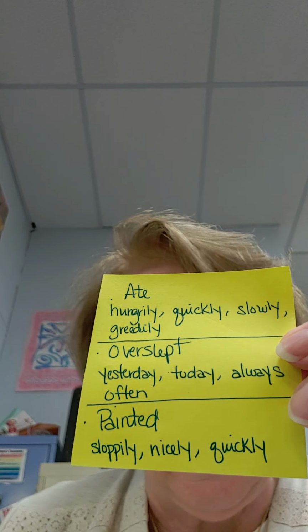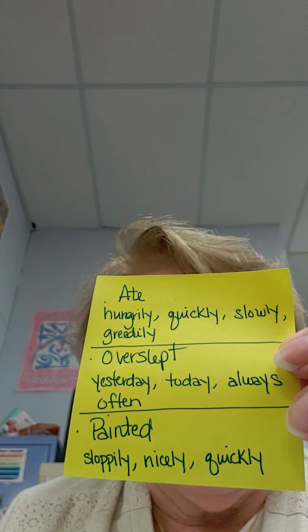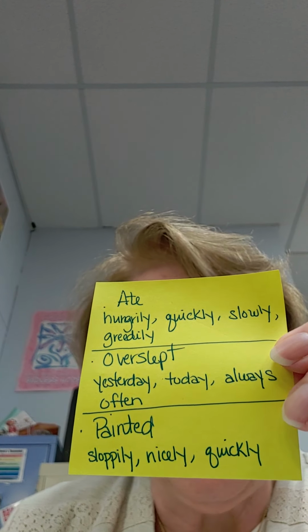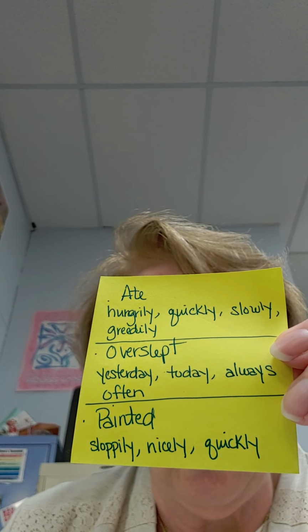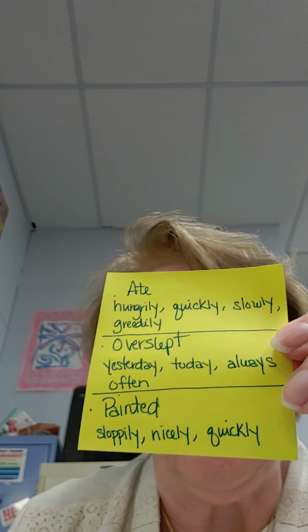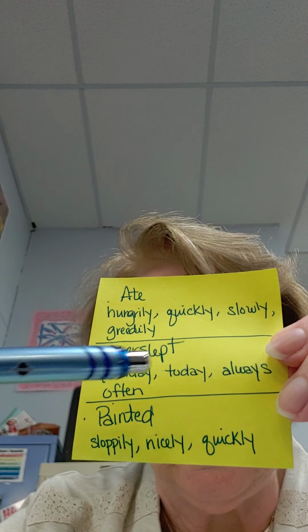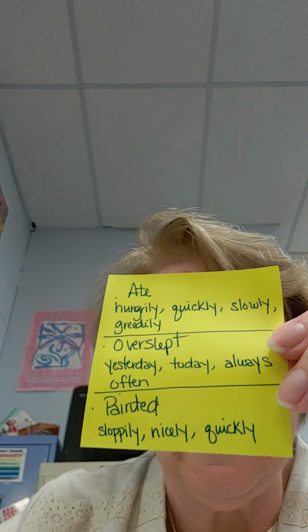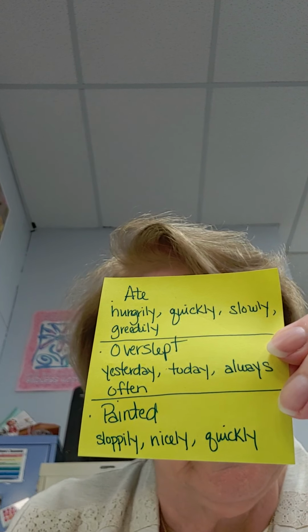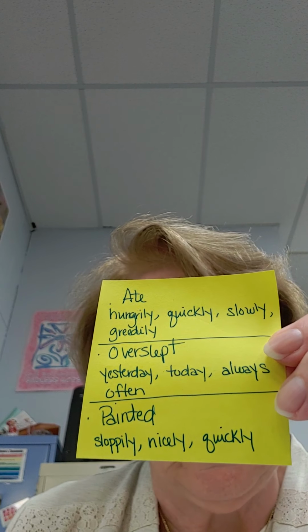For instance, overslept, you might say Tom overslept yesterday, or Tom overslept today, or Tom oversleeps often, or Tom always oversleeps. These words, yesterday, today, often, always, are adverbs modifying the word overslept or oversleeps.